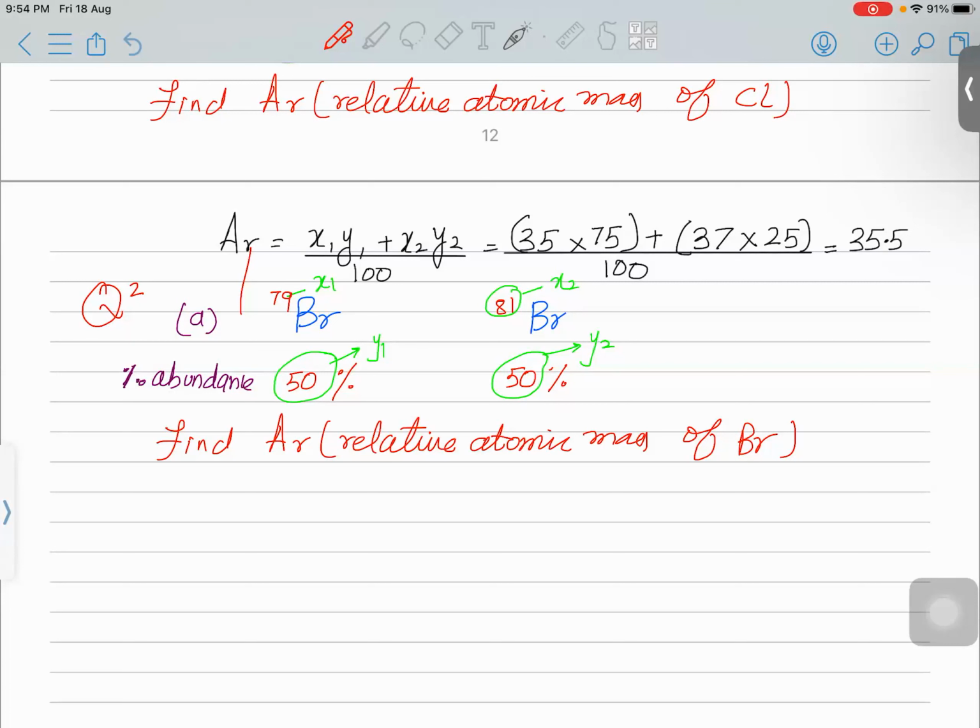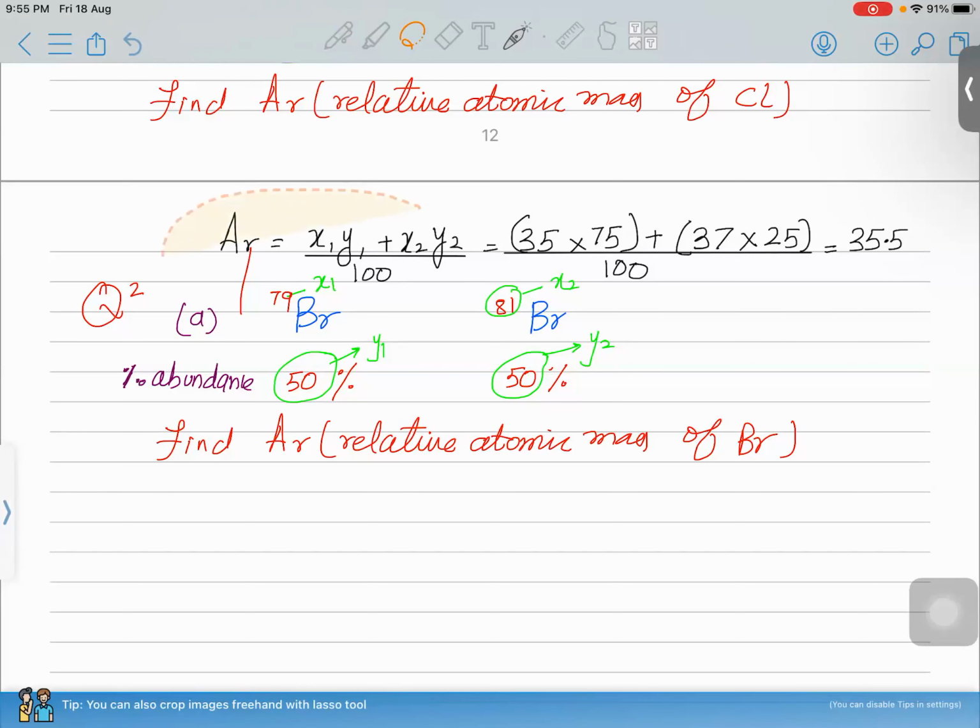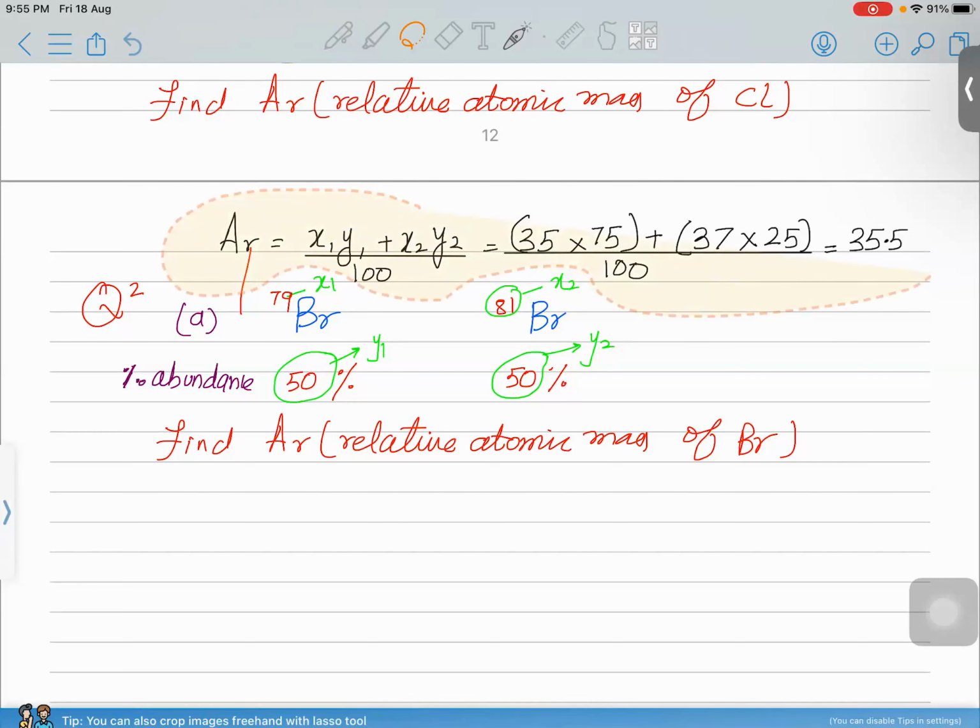Sir, to find the AR, we have to do 79 times 50 plus 81 times 50, divided by 100. So I got 80. Yes, 80, correct answer. Same formula.